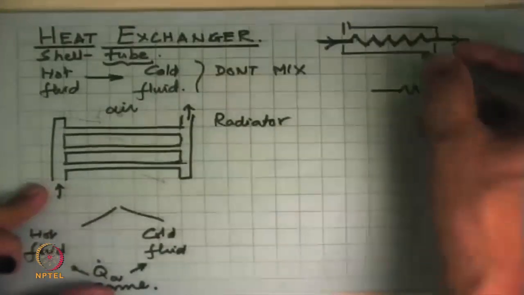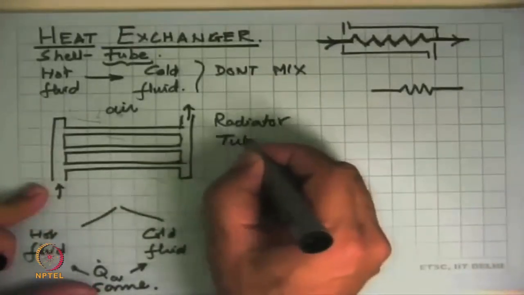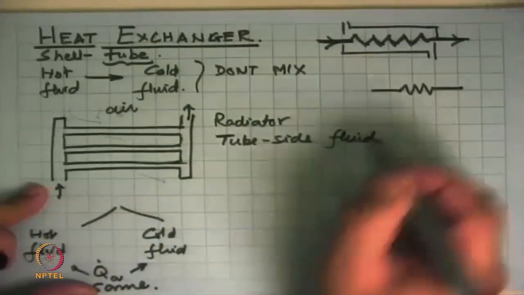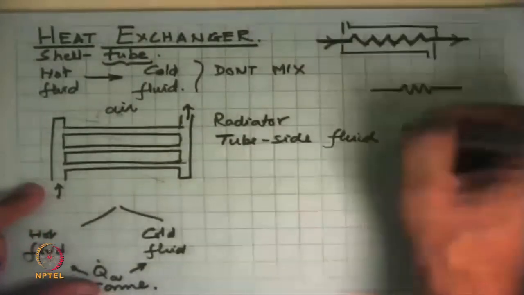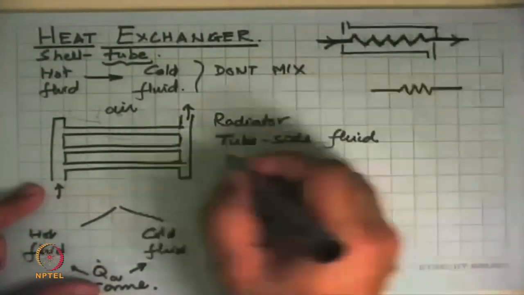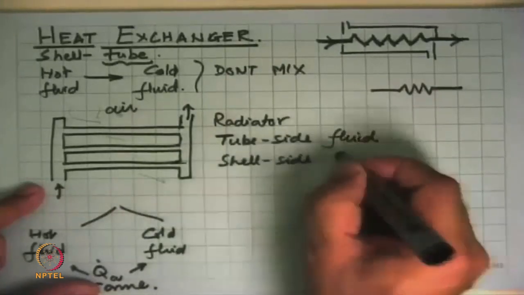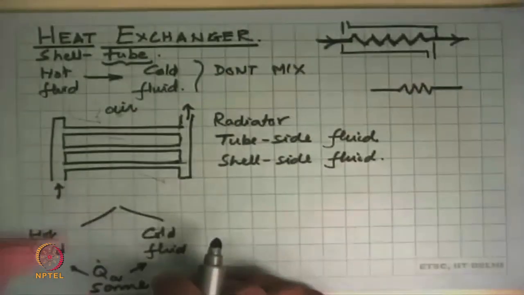But the fluid which goes in it is called the tube side fluid. It could be either the cold fluid or the hot fluid, that depends on the design. And the fluid which flows over it is generally known as the shell side. The radiator does not have this.